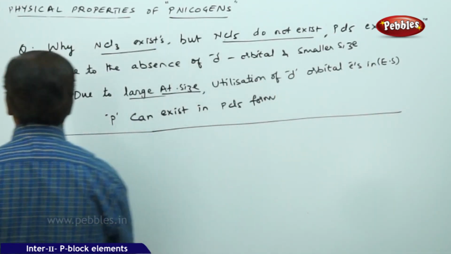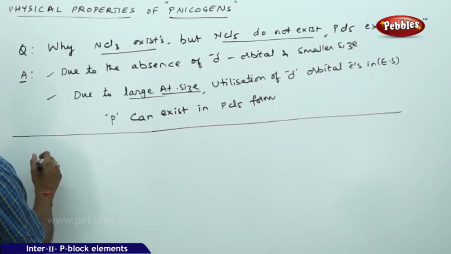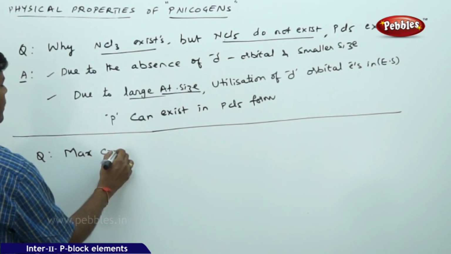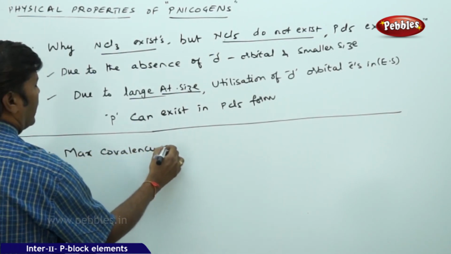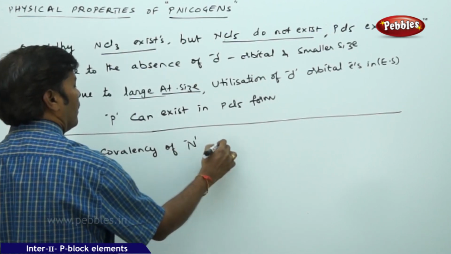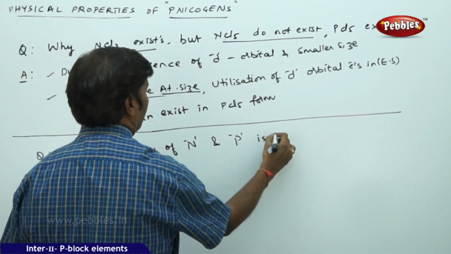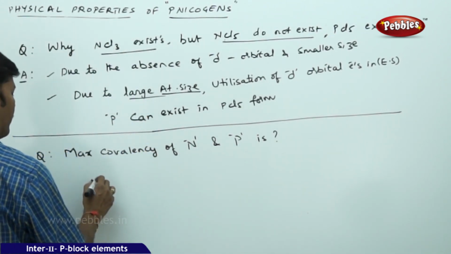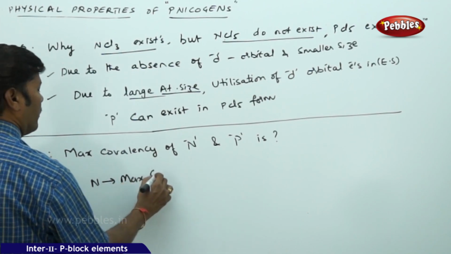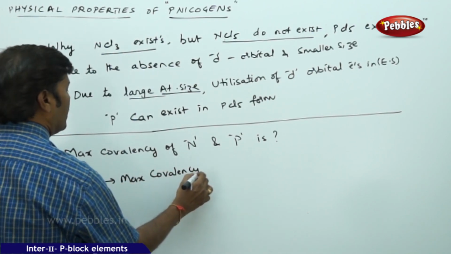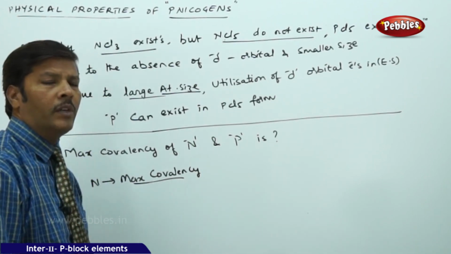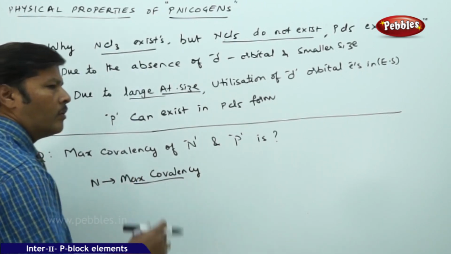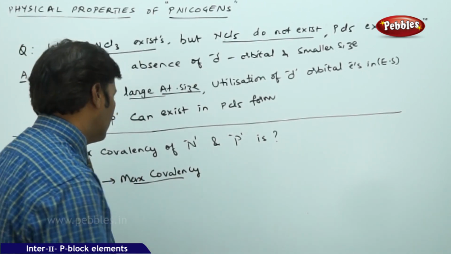Another question is about the maximum covalency of nitrogen and phosphorus. The maximum number of covalent bonds surrounding a given element in a compound is called the covalency.